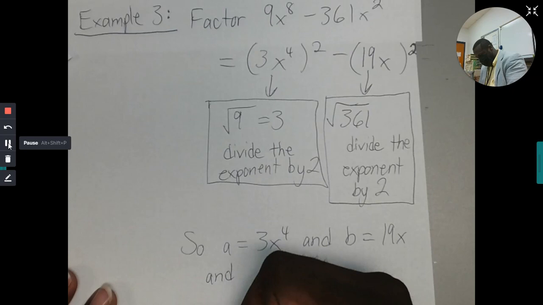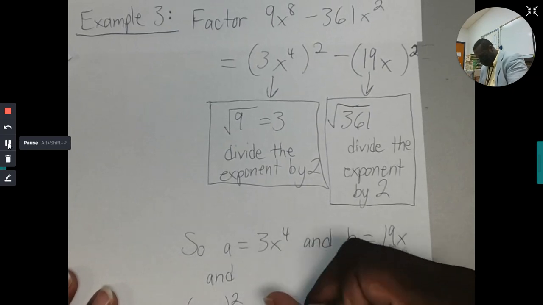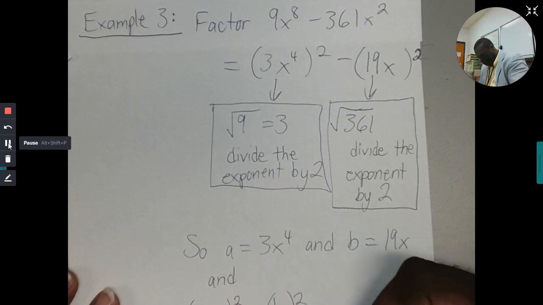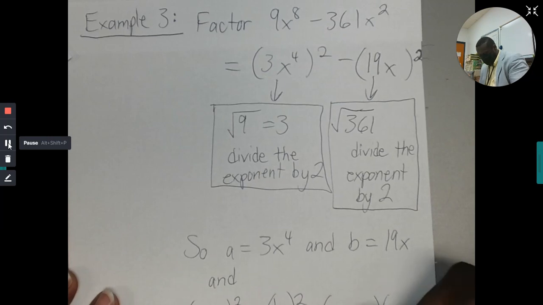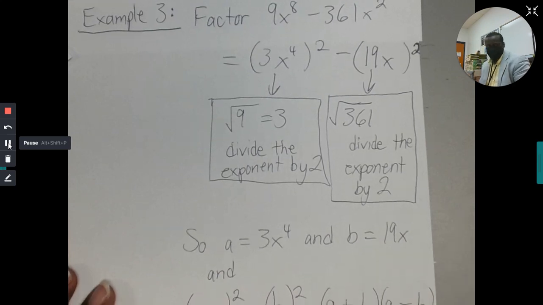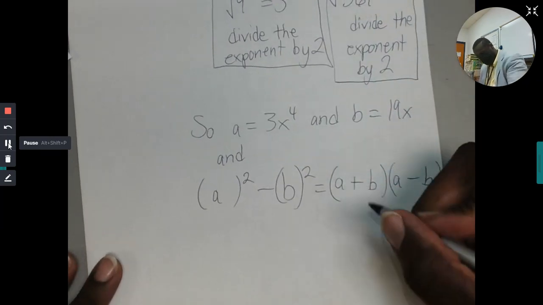So we know a and b, and now we just use our formula, the a squared minus b squared, that difference of squares form. When we write out the two factors, they will be in the form of a plus b times a minus b.